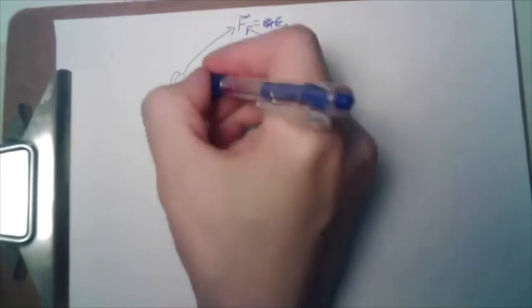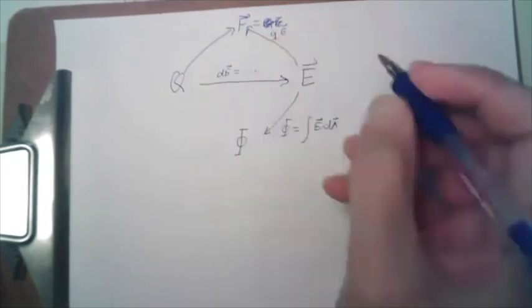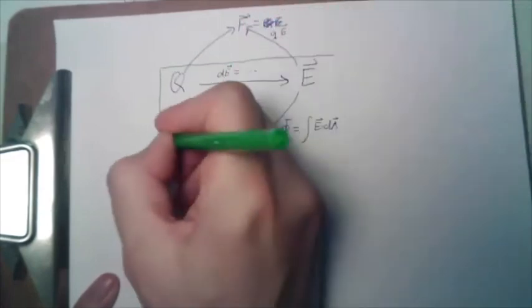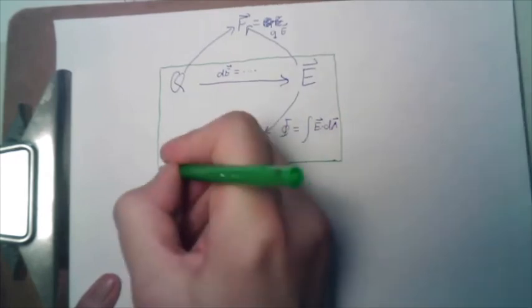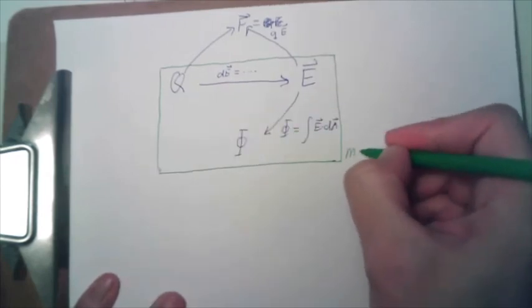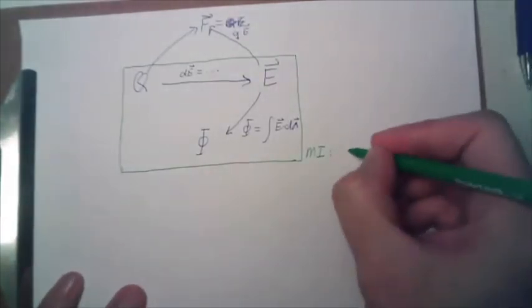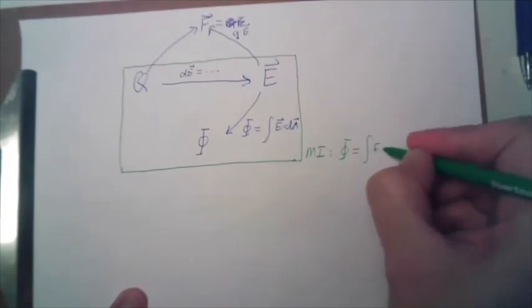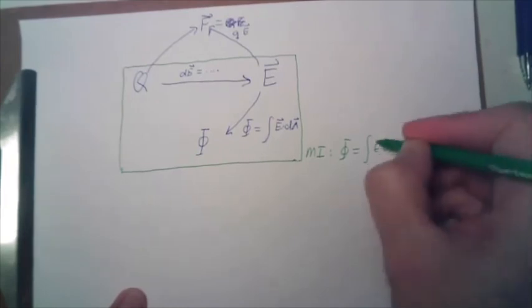And now the Q goes to E by dE, and then we had a shortcut using Gauss's law for situations of a high degree of symmetry. And this is Maxwell 1. And that said that the flux, E dot dA, is Q enclosed over epsilon naught.